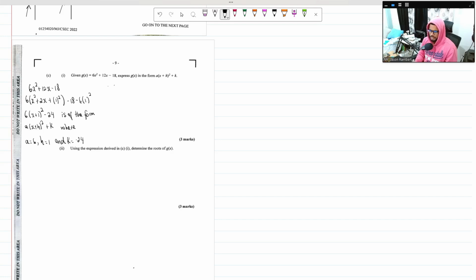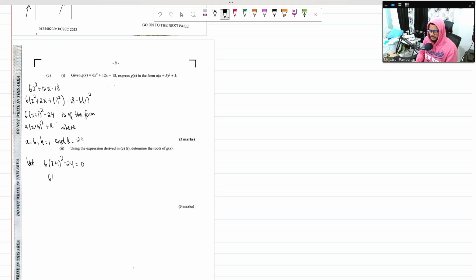Use the expression in C part 1 to determine the roots of g of x. So they want us to use this completed square version to calculate the roots of the equation. So I'm going to get 6 into x plus 1 squared minus 24 equal to 0.